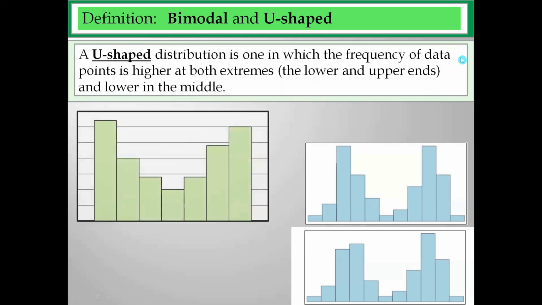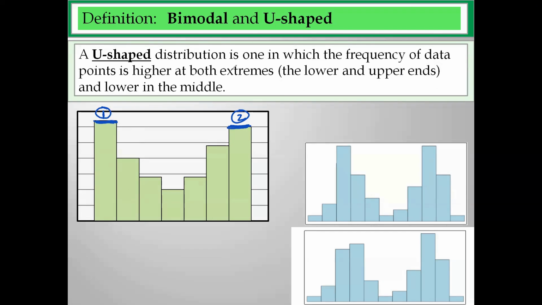So it still has a trough. On one end, we have a high point, and all the way on the other end, we have a second point. In this situation, we'll consider this one as a unimodal. We have a major mode on the left and a minor mode on the right.